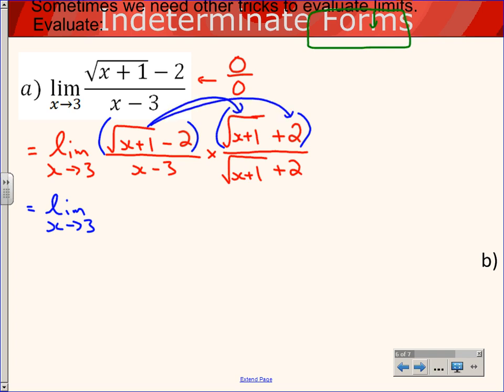So multiply those together, and then minus 2 as well. So when I do the root x plus 1 times root x plus 1, that's a square root times a square root. That is just x plus 1. There's our first one. The next one is root x plus 1 times plus 2, which is just 2 root x plus 1. Here's the good part. The next one is minus 2 times root x plus 1.